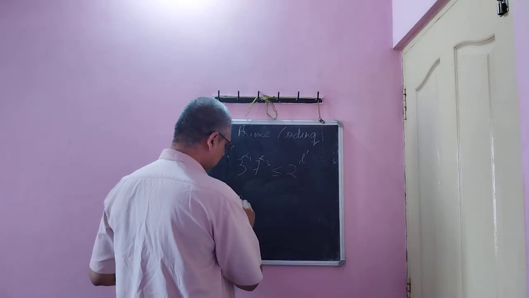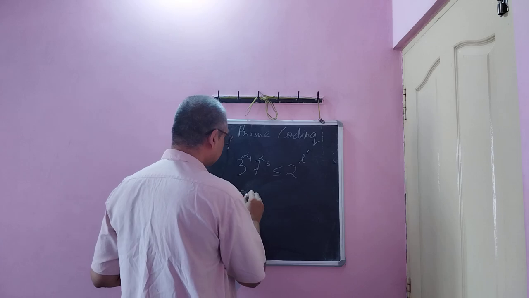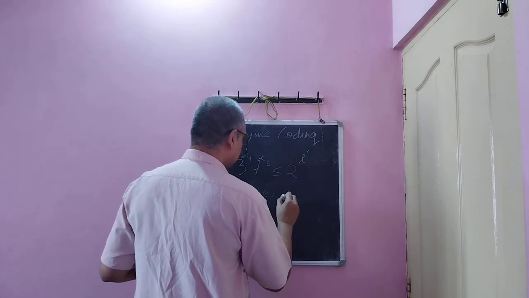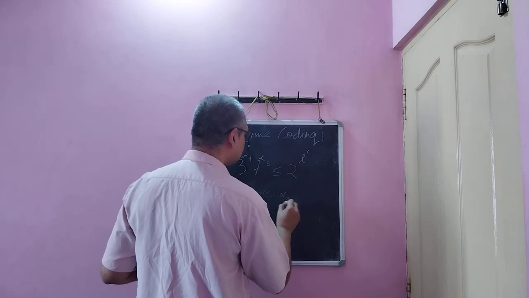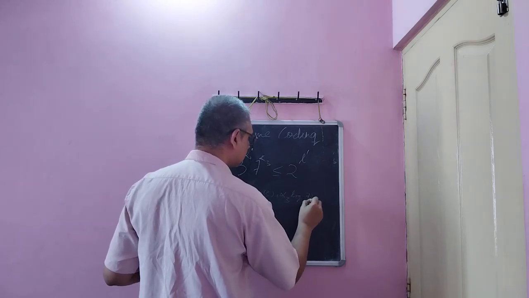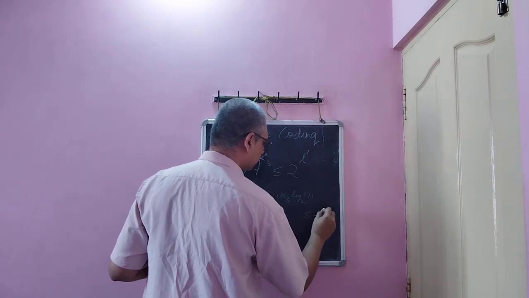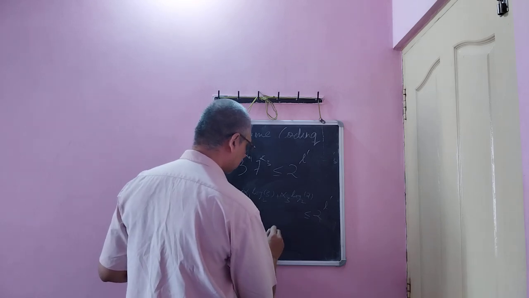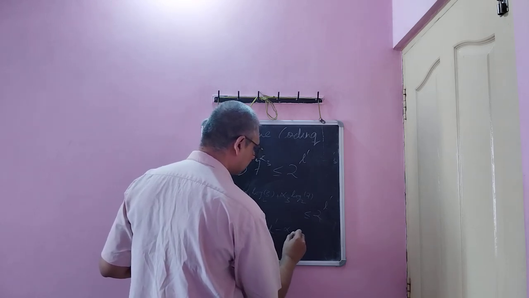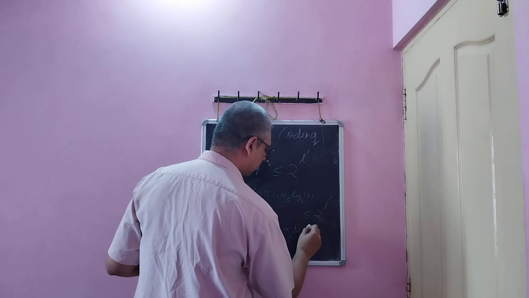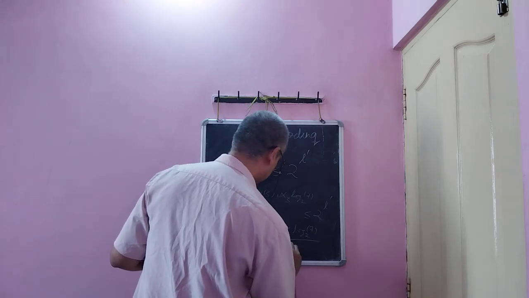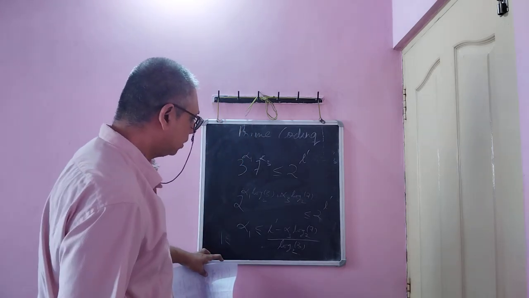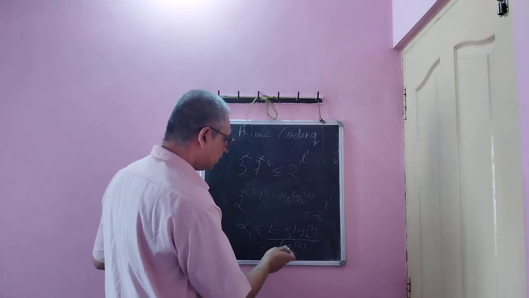Then again we'll have 2 power alpha 1 log 3 to the base 2 plus alpha 3 log 7 to the base 2 less than or equal to 2 power L dash. That should give you alpha 1 less than or equal to L dash minus alpha 3 log 7 to the base 2 by log 3 to the base 2, taking alpha 3 equal to 1.